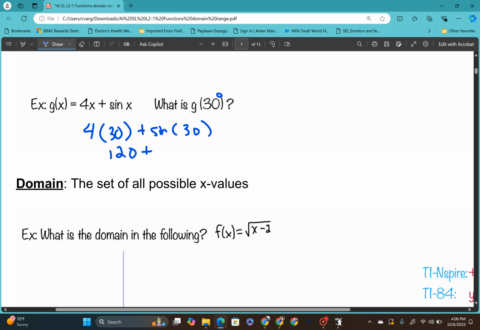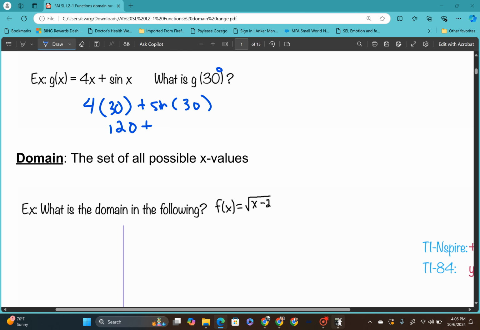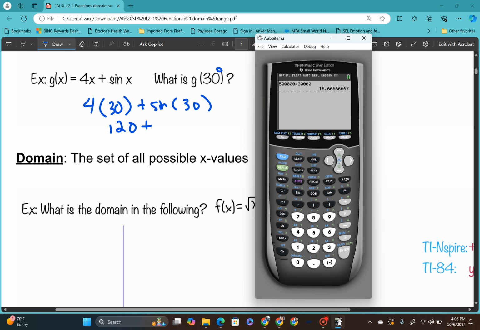And the sine of 30, let me just show you real quick on the calculator. You do need to do something before you start putting in sine of 30, and you need to hit the mode button. So mode is right next to the second, and we have to change our function into degrees. Hit enter. And now I can quit out of this and type in sine of 30, hit enter, and I get 0.5.